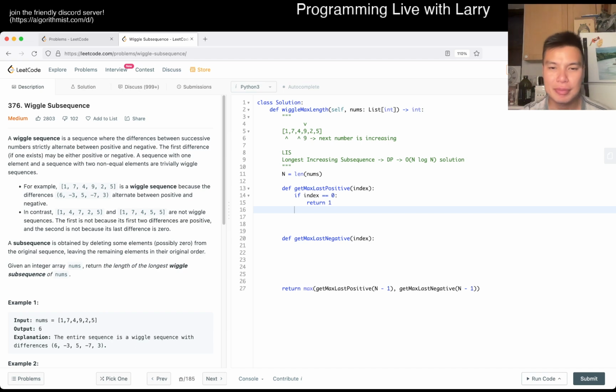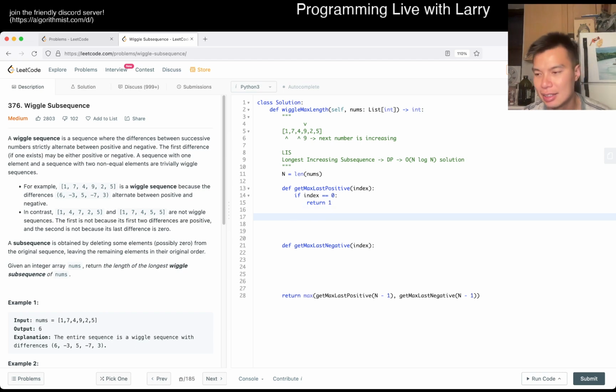And then that means that, what does it mean when the last delta is positive, right? When the last delta is positive, then we want to look at the previous one that is negative, right?